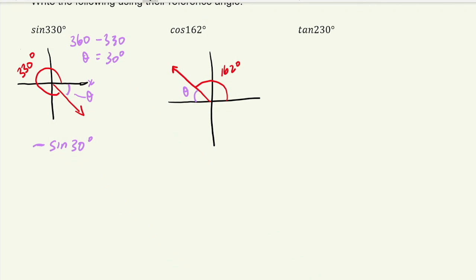This time though we're going to have 180 minus 162 to get to our reference angle, and that is going to give us 18. It is cos theta, so cos theta in quadrant 2 is going to be negative, so it's actually going to be minus cos 18 degrees.